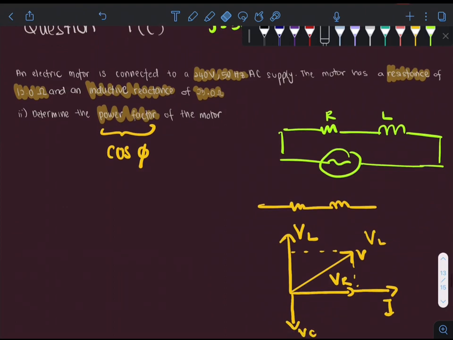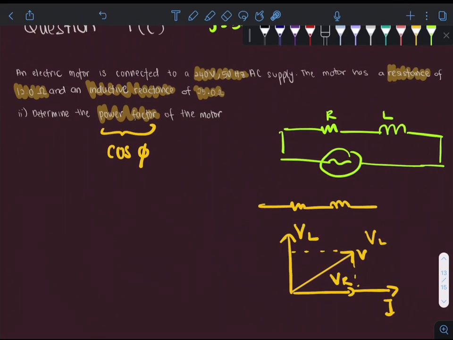Therefore, there will not be any capacitor term in our phasor diagram as well. So from here we can see that we have voltage across inductor along positive y-axis, voltage across resistor along the positive x-axis. Therefore, our V here will be the resultant of the VL and VR.